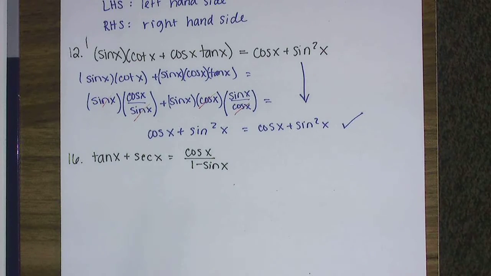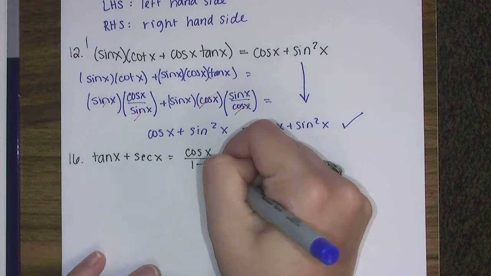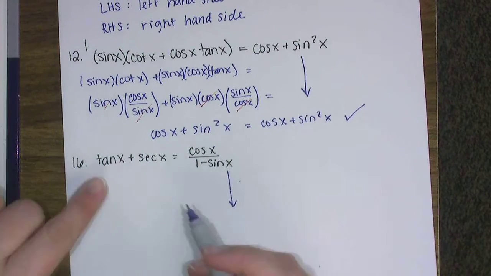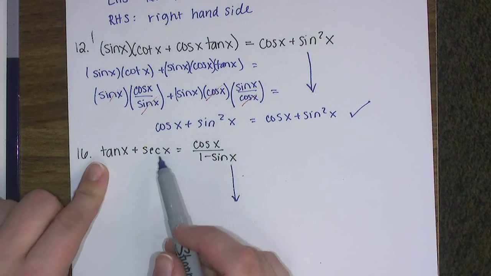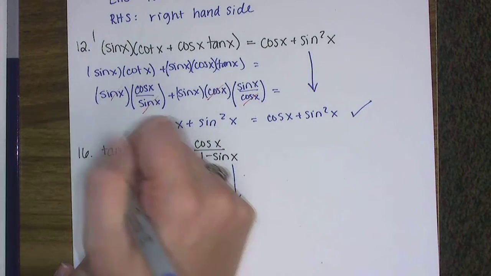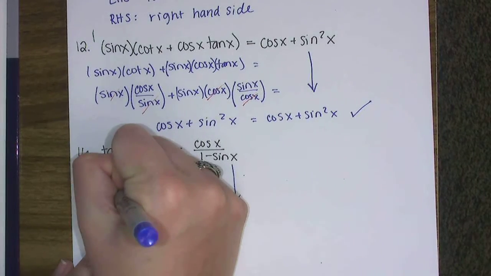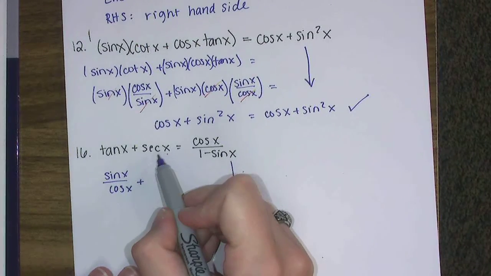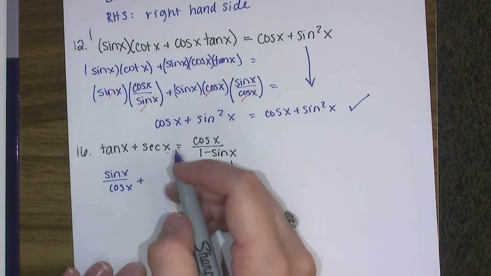So, I am just going to bring everything on the right-hand side down. Now, over here, what I would recommend doing is rewriting these things. So, I would rewrite tangent as sine of x over cosine of x, plus, now I have secant of x.